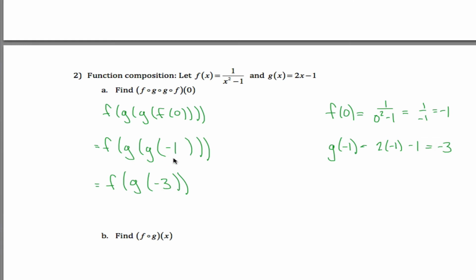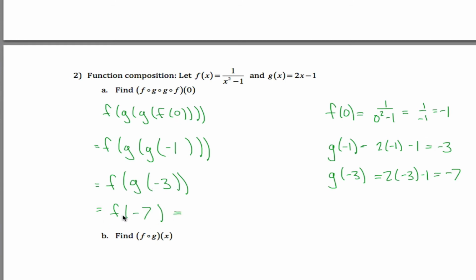So instead of writing g of -1 right here, I'll write -3. Okay. So now I want f of something. That something is g of -3. Well, g of -3 is just 2 times -3 minus 1, which I believe is -7, right? 2 times -3 is -6, minus 1 more is -7. So instead of writing g of -3, I can write -7.